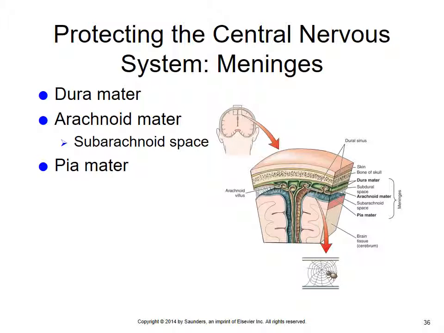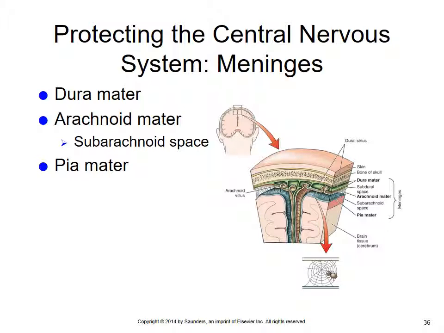So first of all, the meninges. The meninges are membranous layers that surround the brain and the spinal cord. The pia mater is the innermost layer. It is a very thin membrane and it contains many blood vessels.